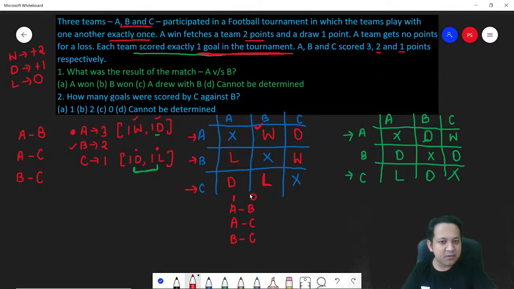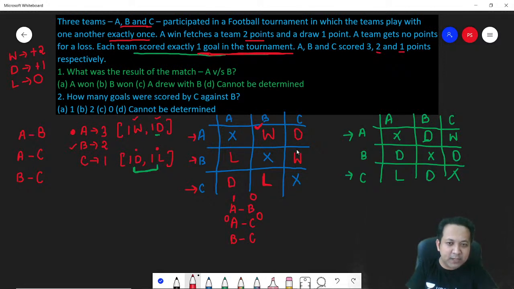In the match between A and C, it's a draw, and the total goals by any team is 1. A has already scored 1 goal, so in this match A must be 0, and because AC is a draw, C should also be 0. Are you following this? Next, BC.